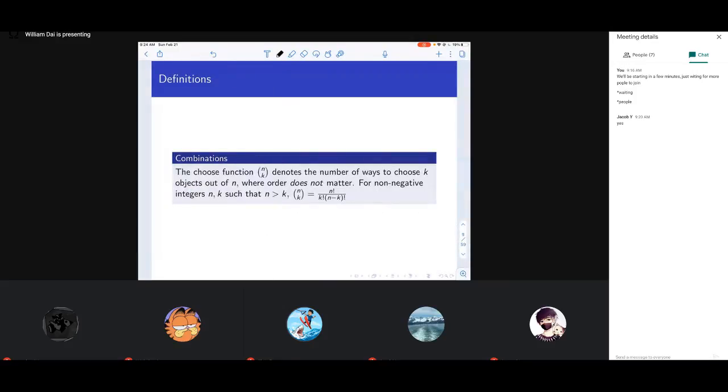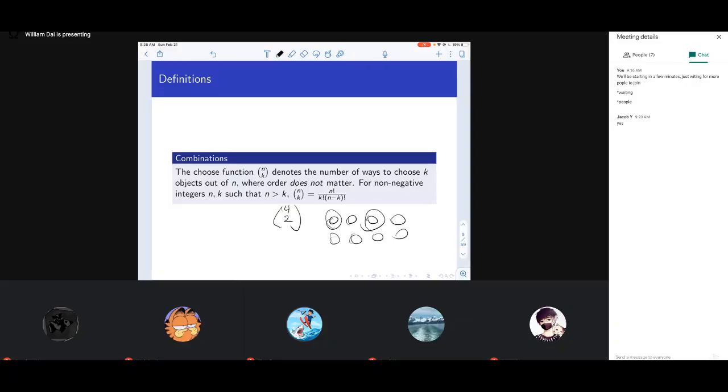Okay, and now we're going on to the main topic here, the combination, or the choose function. This is the number of ways to choose k objects out of n objects where order does not matter. So for choose 2, it's counting the number of ways to choose 2 of these 4 objects.